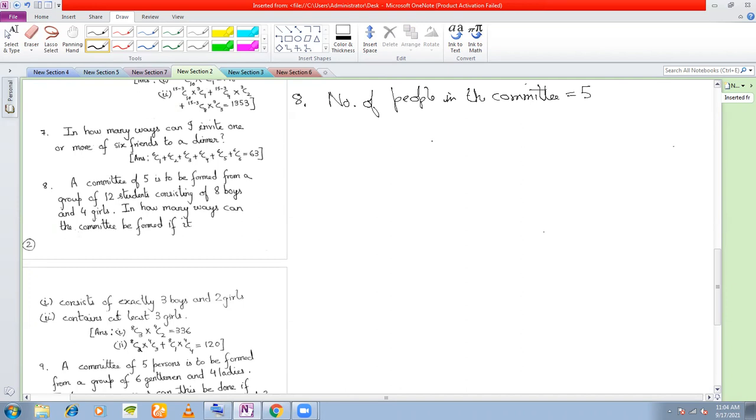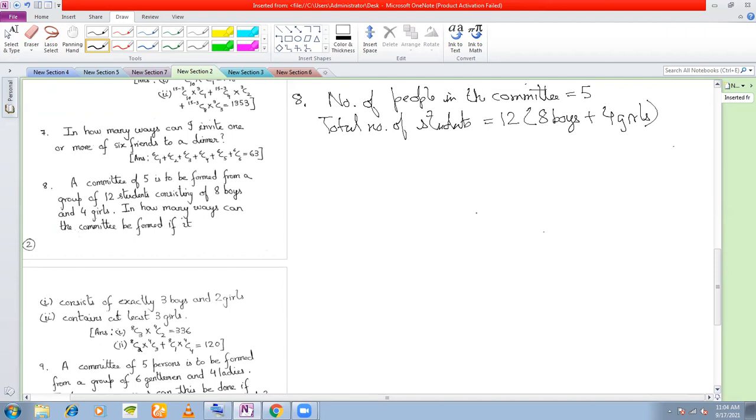Is to be formed from a group of 12 students. Total number of students, consisting of 8 boys and 4 girls. So you have 8 boys plus 4 girls.